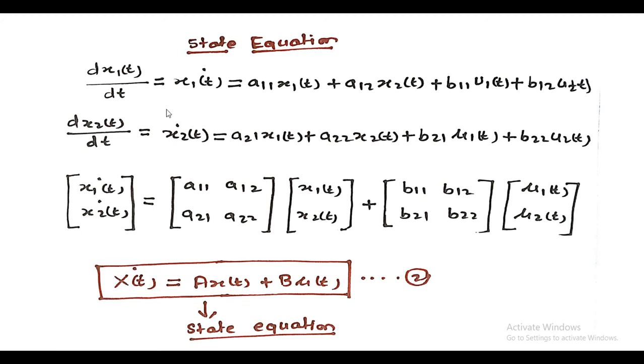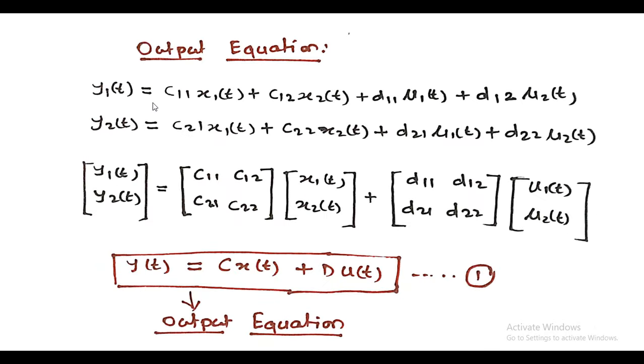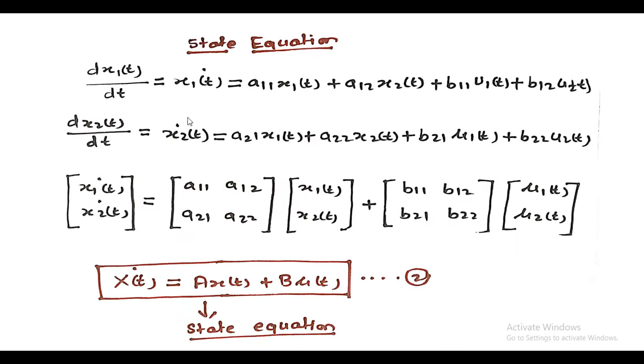So the state equation is calculated like this. It is taken as dx1t divided by dt, which is given as x1t with a dot on top of it.